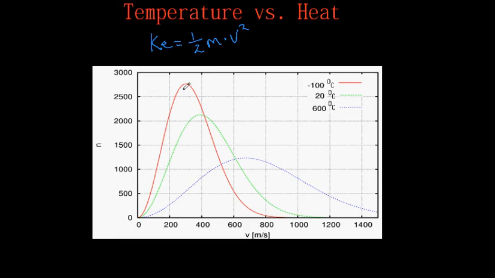If you look under the red curve, you can see that this temperature is negative 100 degrees Celsius, so that means the average molecules under this red curve have that kinetic energy that would translate to 100 degrees negative on the Celsius scale.